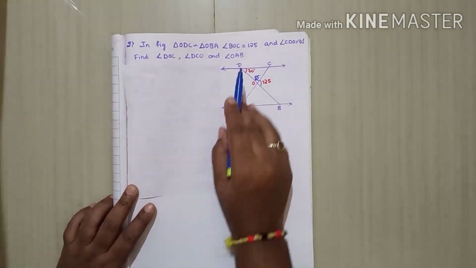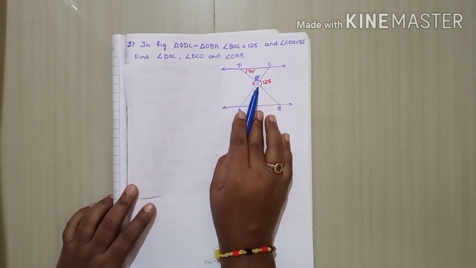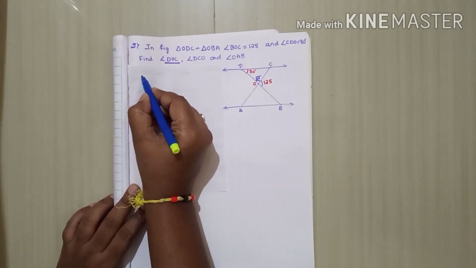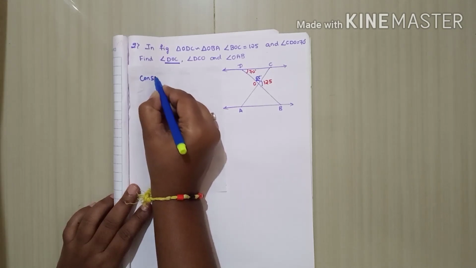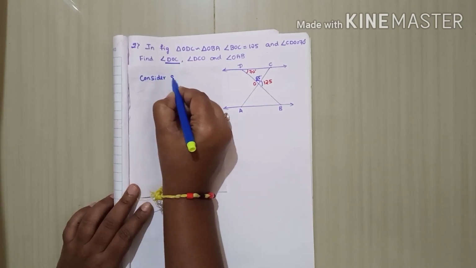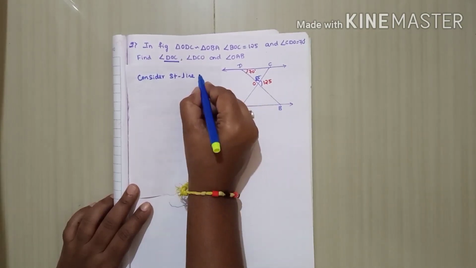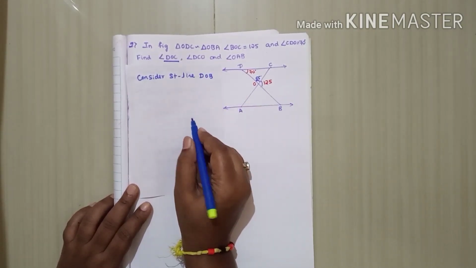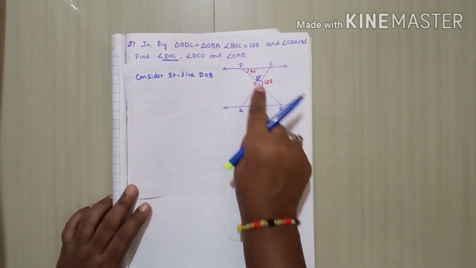To find angle DOC, we have to consider the straight line DOB. We know that the angle for a straight line is 180 degrees. In this straight line there are two angles, DOC and COB.